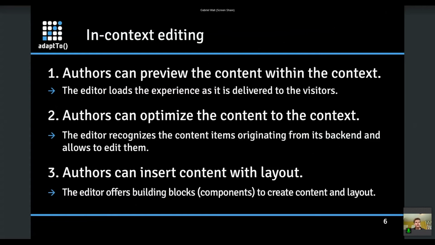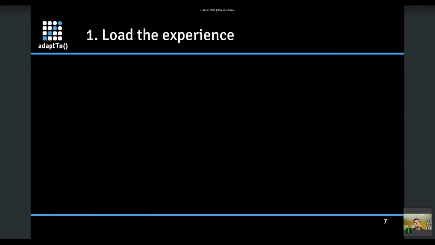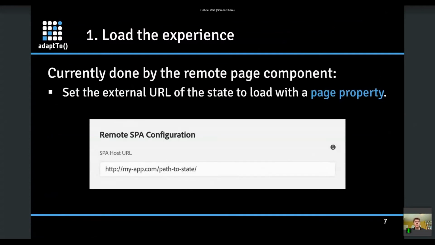Let's quickly go through these three steps to recap what happened in the demo that you just saw. So first, to load the experience, we have the remote page component that you saw, which allows the author to configure through a page property which URL is to be loaded. And there you can really use also an external third-party domain URL.